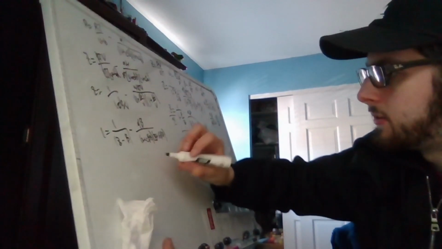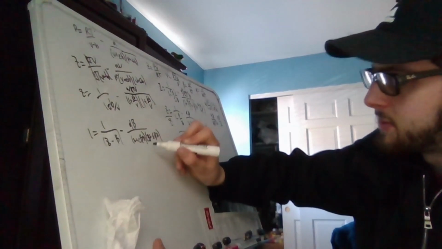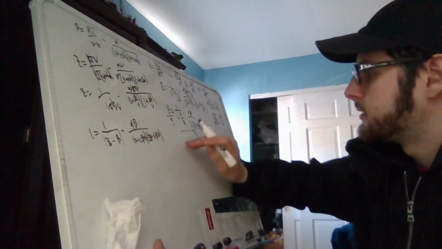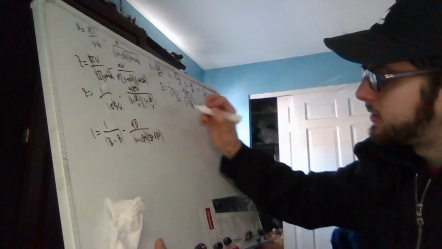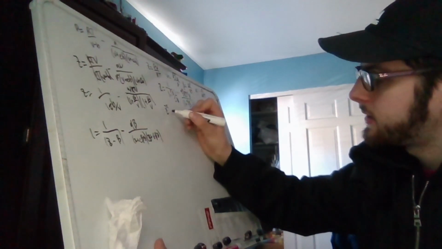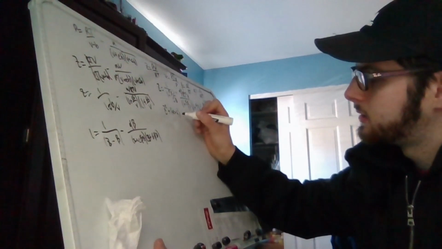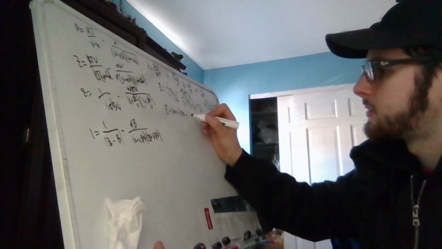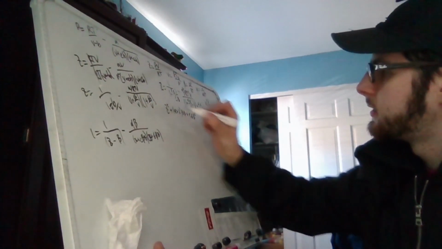So I'm going to do that, and first let's multiply this polynomial out. This polynomial is going to be z squared plus epsilon plus sigma z beta plus epsilon sigma beta squared.